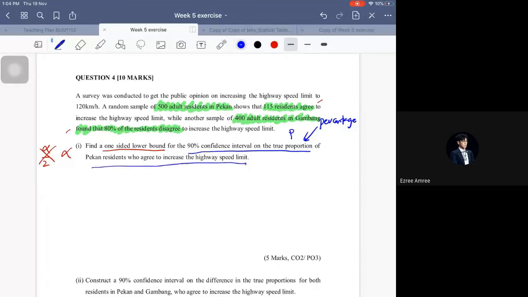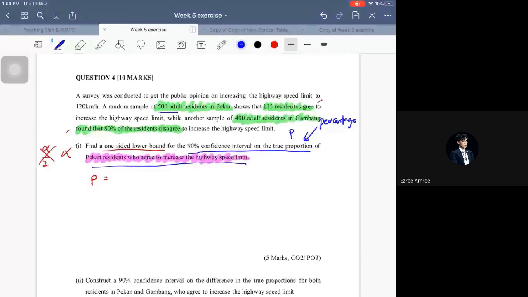So first of all, we're going to find the P. So what is going to be the P now? My P is going to be the proportion of Pekan residents who agreed to increase the limit. Okay, so now let's read the information about the Pekan people. How many people do I have in the sample? I have 500 adults, and how many agreed? 115 actually agreed.